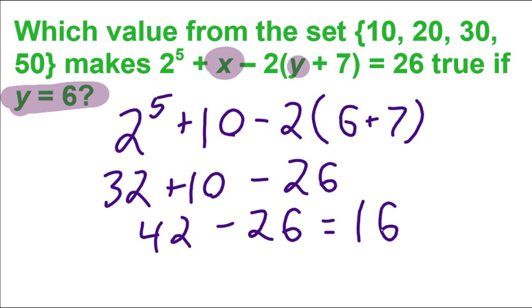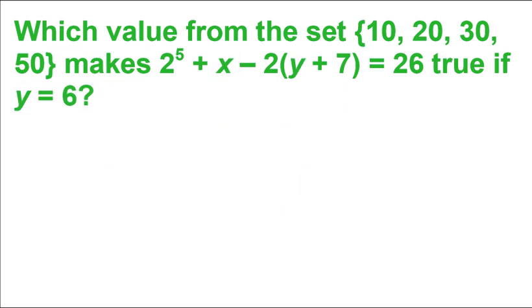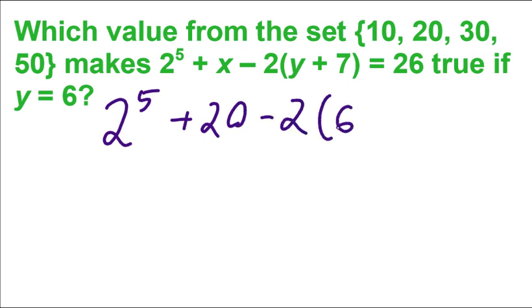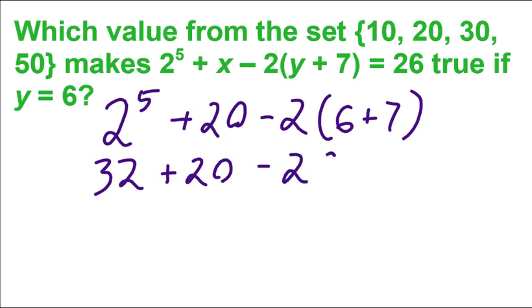Sometimes you can tell a little bit what number to try, though. How much higher do we need this number to be? 10. We got 16, we need 26. Well, that was with 10 for the x value, so we should probably try 20, right? If we were going in order, that'd be the next one anyhow, but we'll put in the 20. We got 2 to the 5th power plus 20 minus all that. 2 to the 5th power, we already said, is 32, plus 20, and then minus 26.